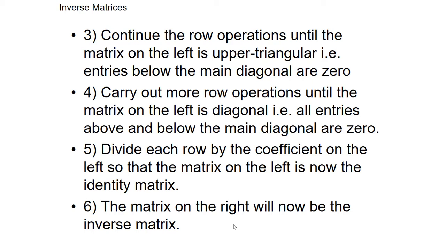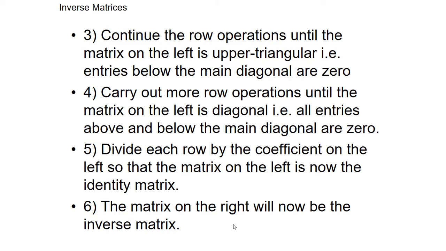So whatever we do to the matrix to turn it into the identity matrix, doing the same thing to the identity matrix turns it into the inverse matrix.